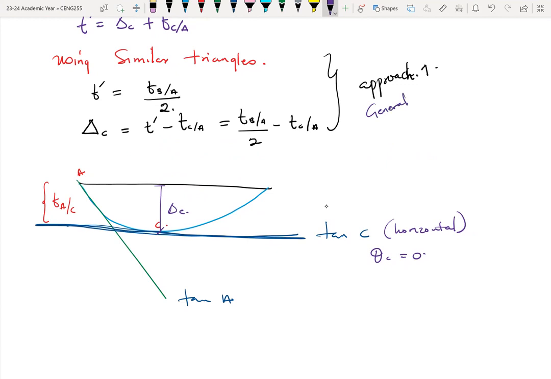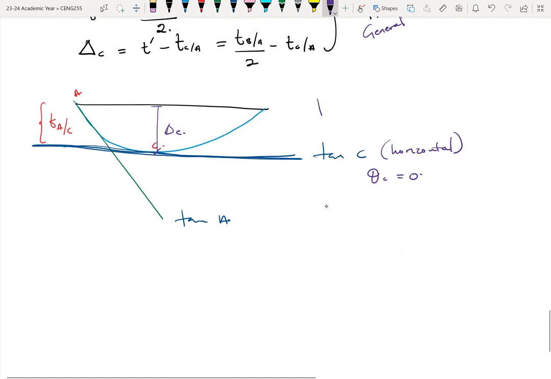Regardless of what the orientation of your slope would be at C. But for the second approach, which is approach 2, we are using it based on these conditions.